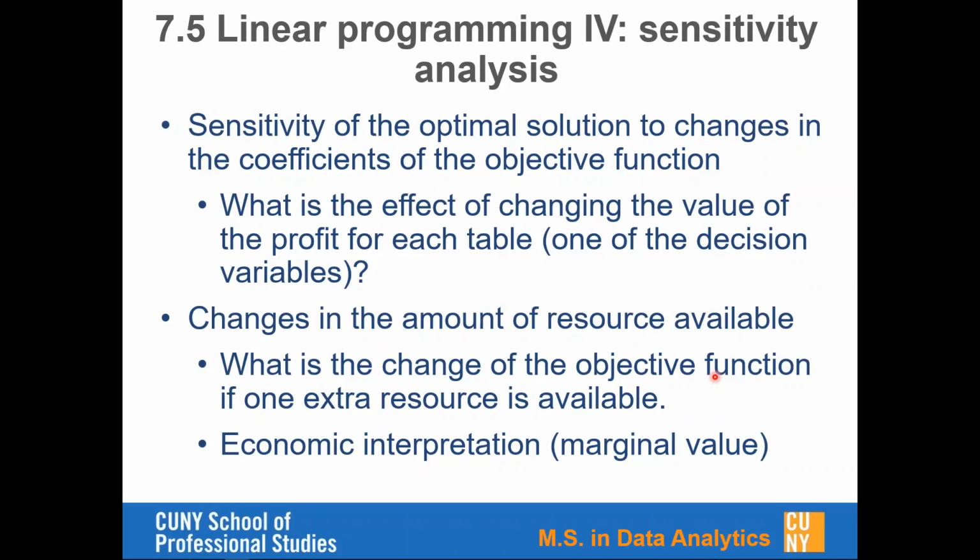Suppose that you have one extra square footage of lumber, how your objective function would change after you find the optimal solution. One economic interpretation of this type of sensitivity analysis is called marginal value.